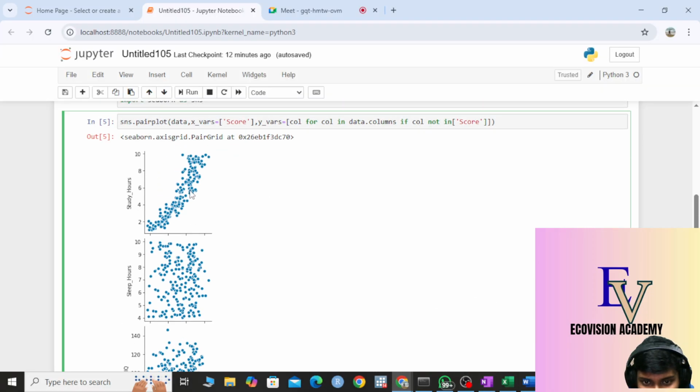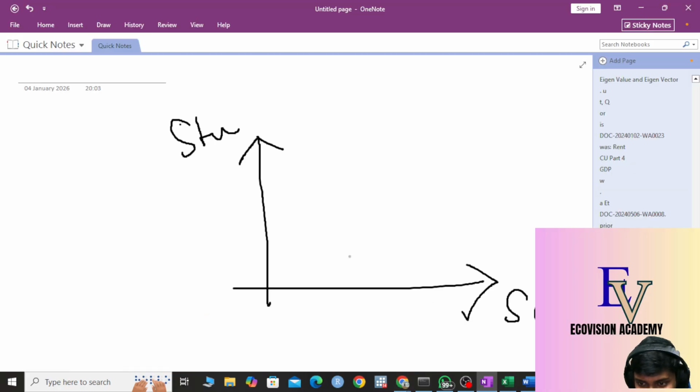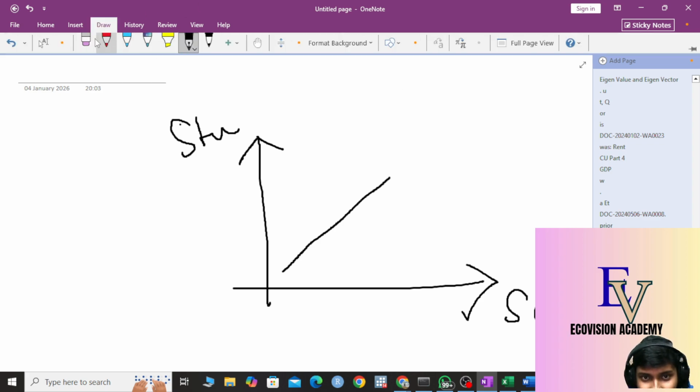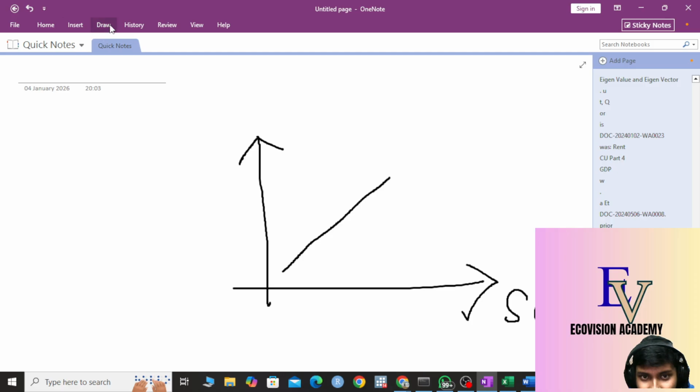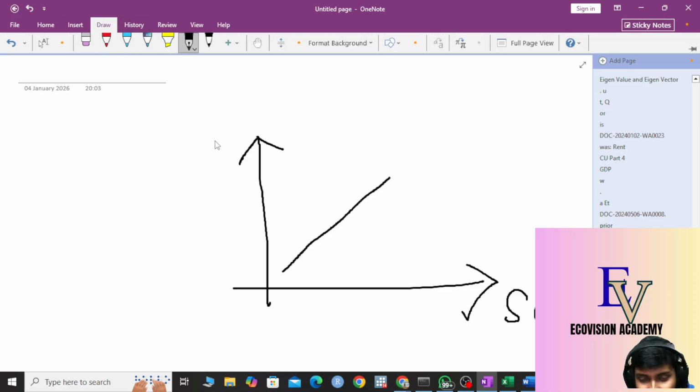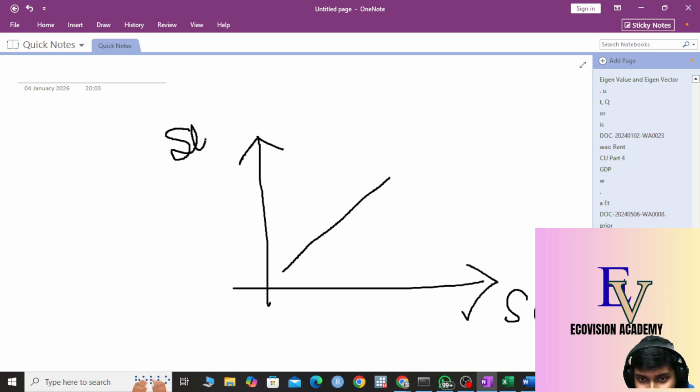Score and study hours, totally positive. Our regression line should look like this, no problem. But when we are using sleep hours, can we say that there is a linear trend? No.